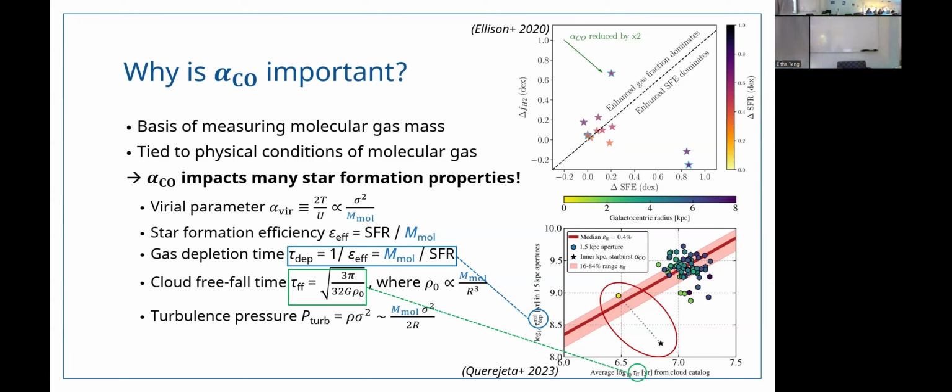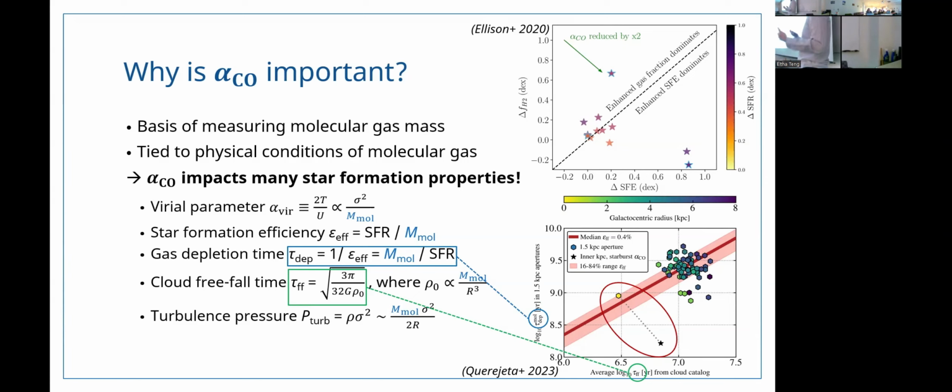So these examples show that using a wrong alpha CO can really bias the estimation of many important quantities. And actually nowadays, alpha CO has become the dominant source of uncertainty in current molecular gas measurements.